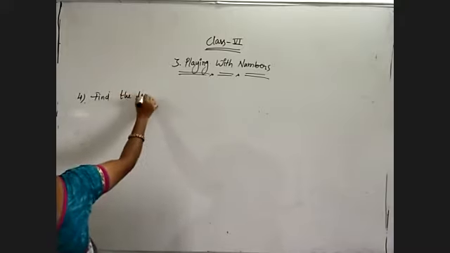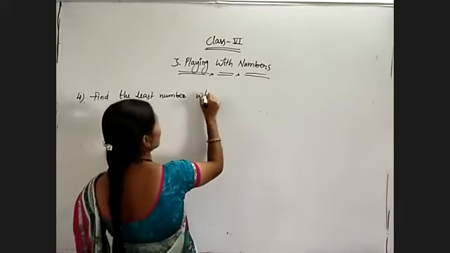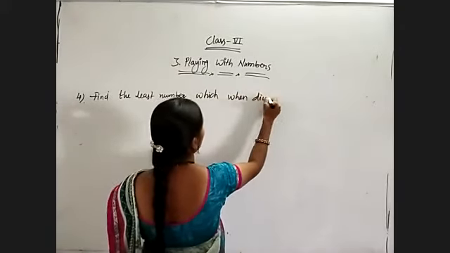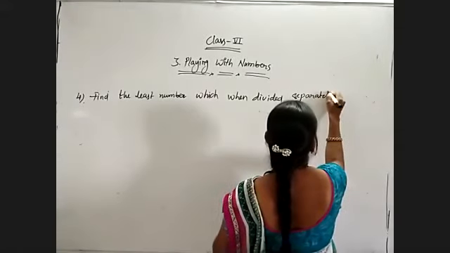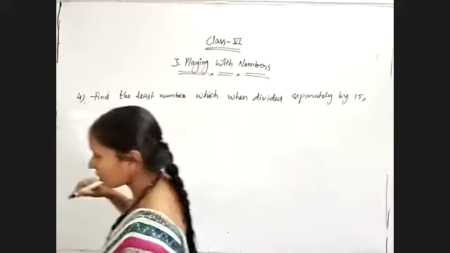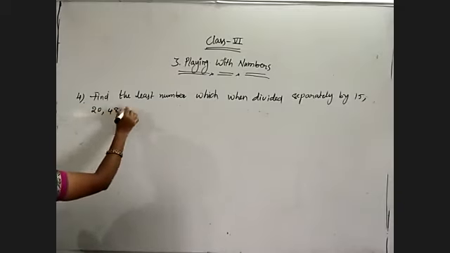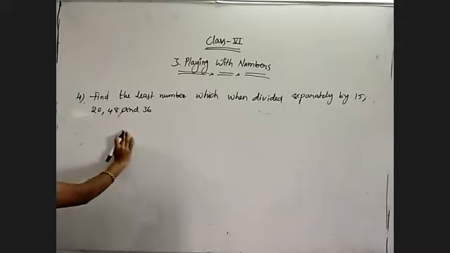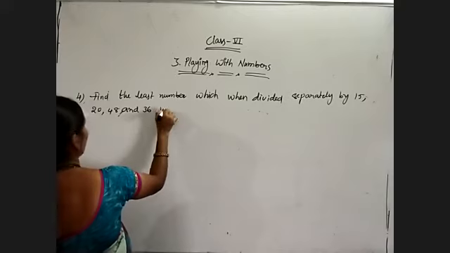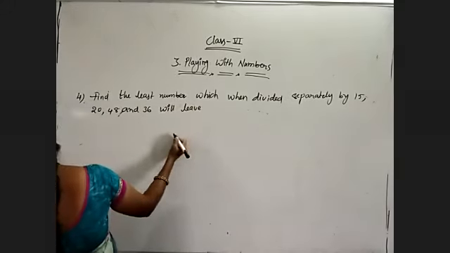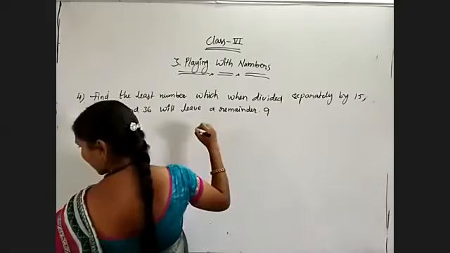Find the least number which, when divided separately by 15, 20, 48 and 36, will leave a remainder 9 in each case.